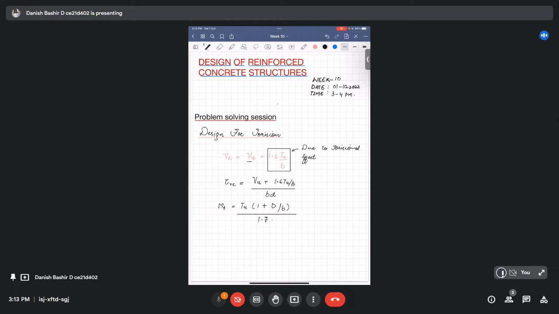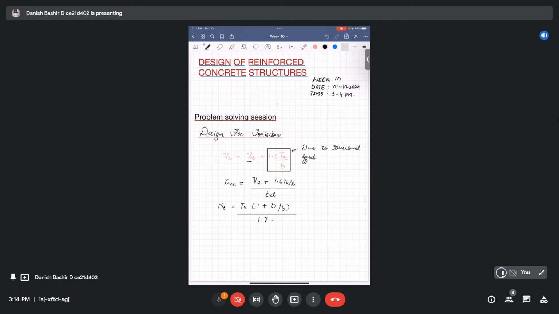The 1.7 is actually from the skew bending theory, that this torsional moment can either add to the original moment acting there, or it can subtract from the original or effective moment that's acting due to the transverse loads.